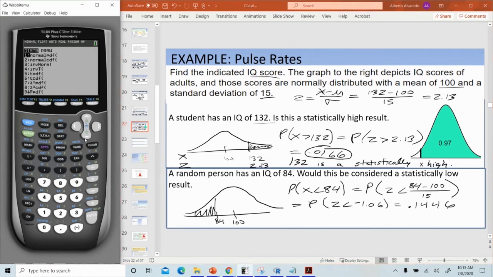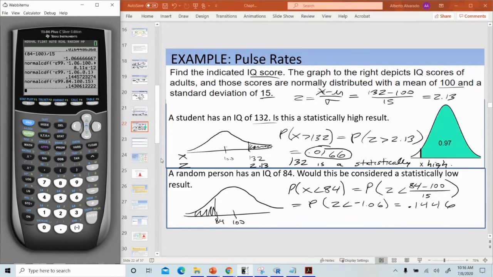And just as emphasis, you could have also used the shortcut I mentioned: negative infinity to 84, the x value. We could have done this from the start with a mean of 100, standard deviation of 15. Then we paste it and you get 0.14, same thing. Well, you might notice it's not exactly the same.